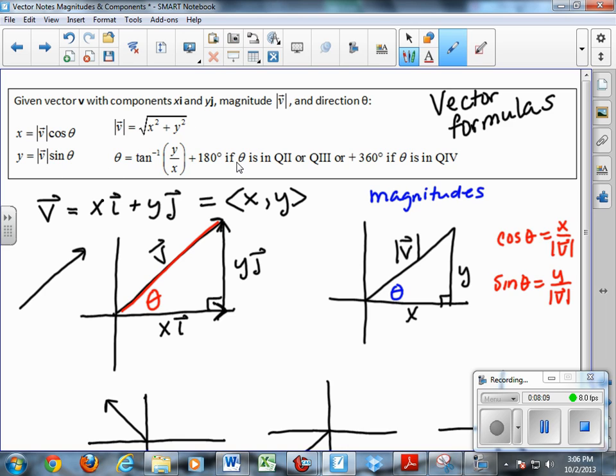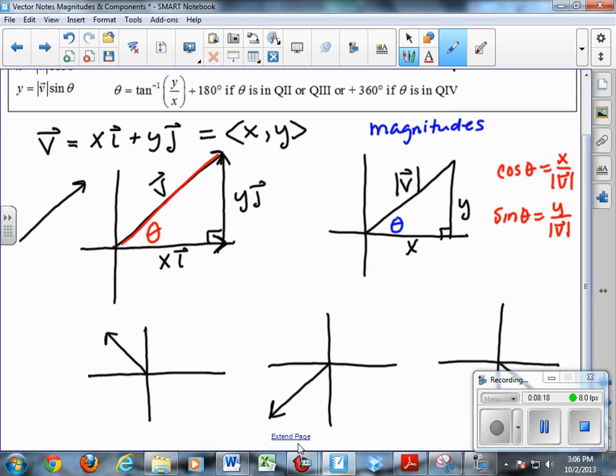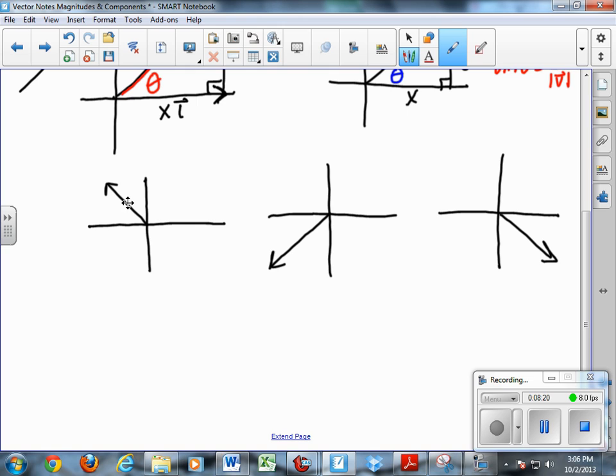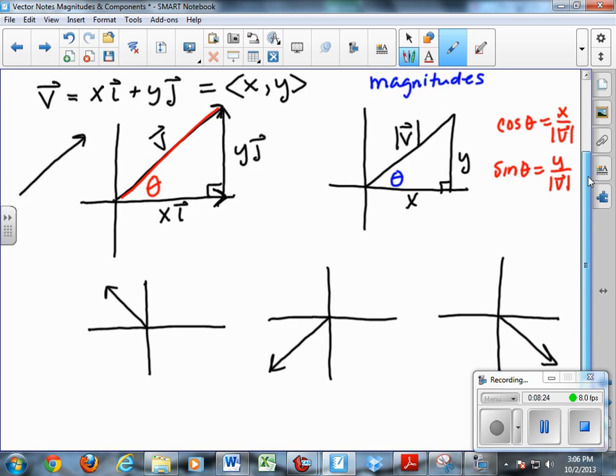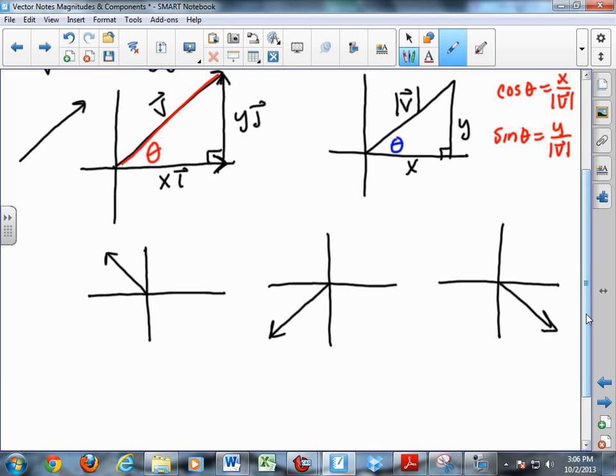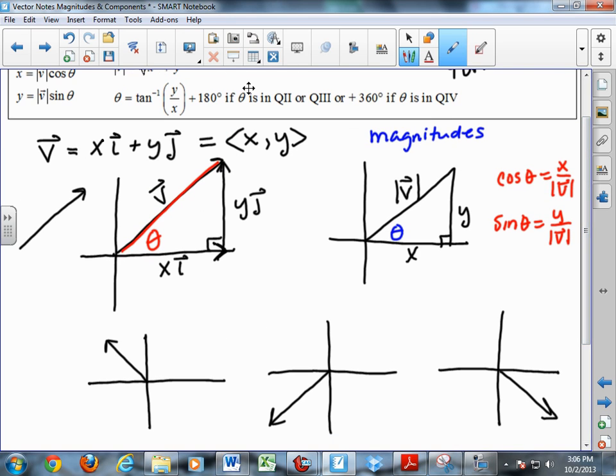But what happens if I'm not in quadrant 1? That's where this part comes in. If my vector has a direction that's in quadrant 2, 3 or 4, then I have to make some slight adjustments. So let me show you what that second part of this equation tells you. If I did inverse tangent of y over x, and here were my x and y components, notice this would be a negative number and this would be a positive number.